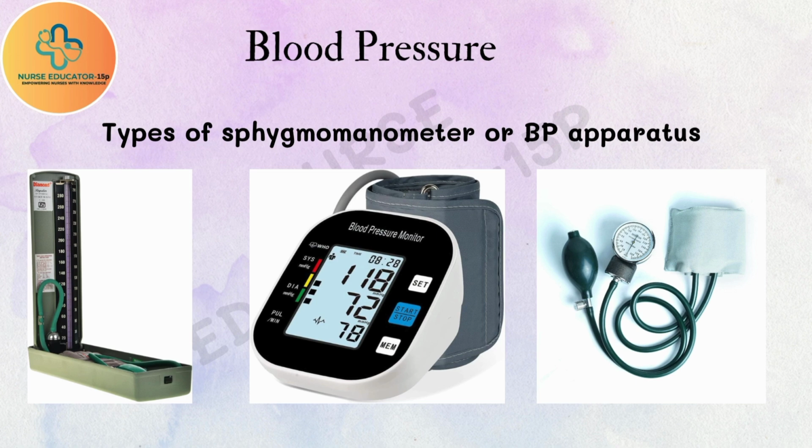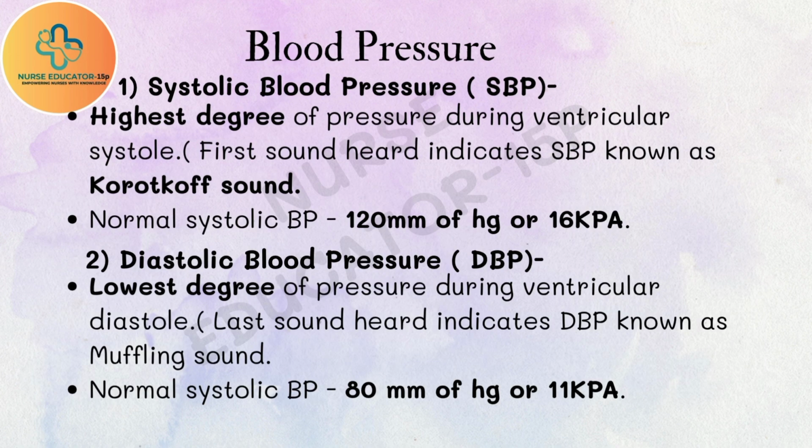Then we'll see what is systolic blood pressure. Systolic blood pressure or SBP is the highest degree of pressure during ventricular systole. The first sound which we hear while checking the blood pressure is the SBP, that is the Korotkoff sound. Normal SBP is 120 mm of Hg or 16 kilopascal pressure.